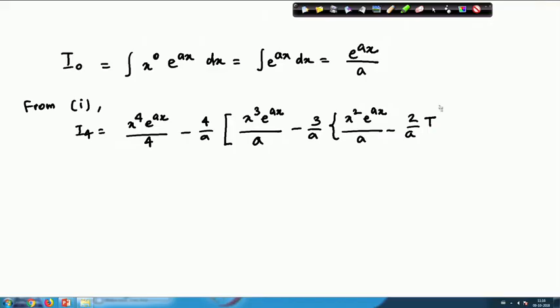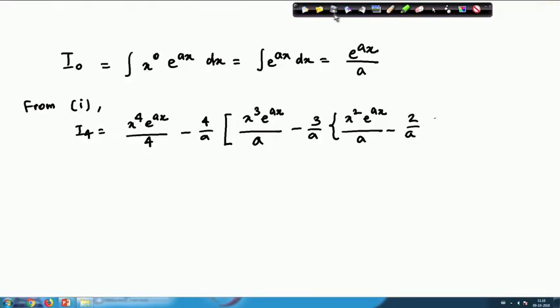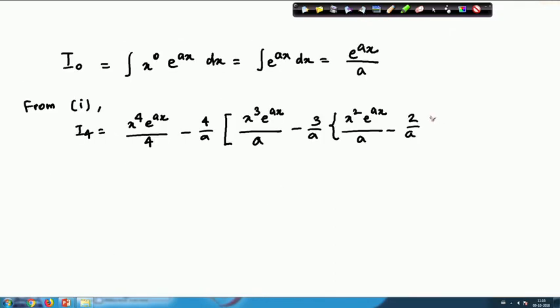And what is our I1? I1 is x e to the power ax by a minus 1 by a times I0, and that I0 is e to the power ax by a. I will close all these brackets.